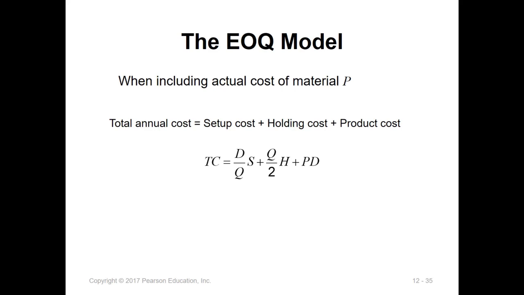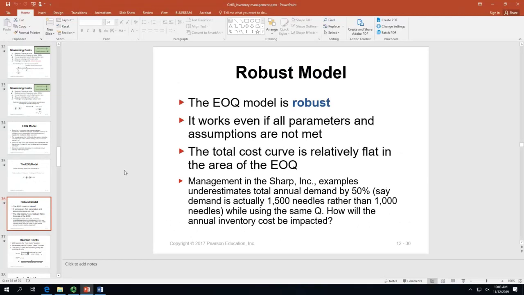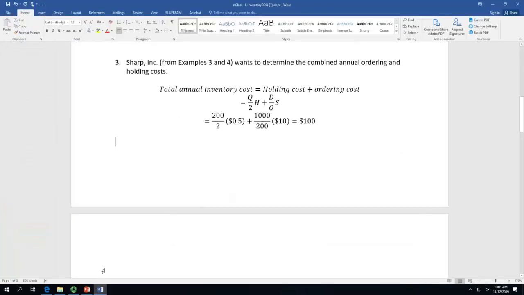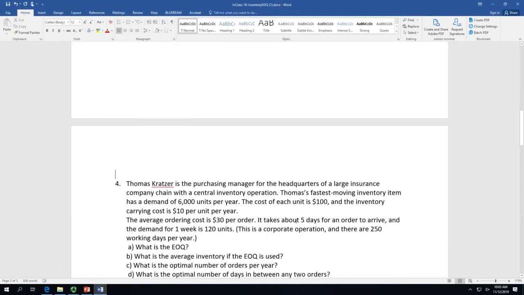That's the 3 pieces of information of the EOQ model, where Q is Q star. But in the practice we just did a moment ago, we didn't include the product cost itself. So here is another repeat question.